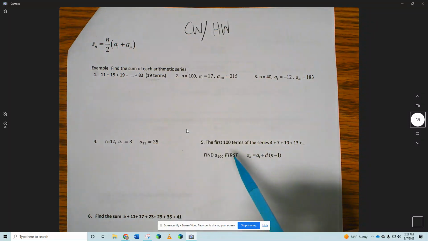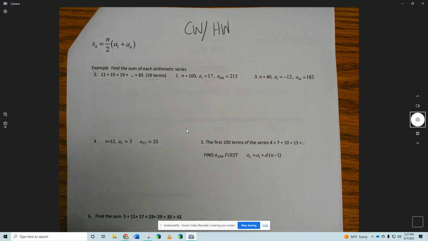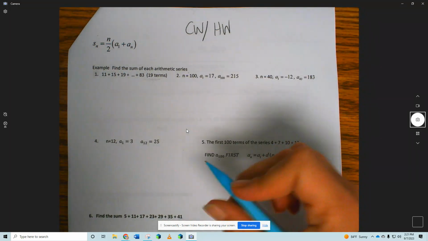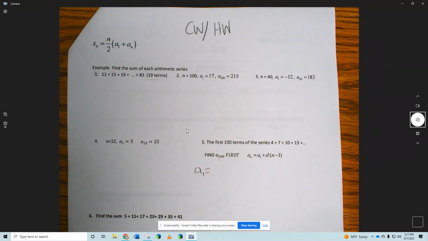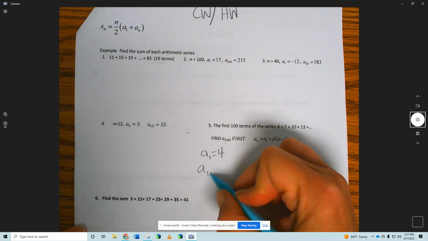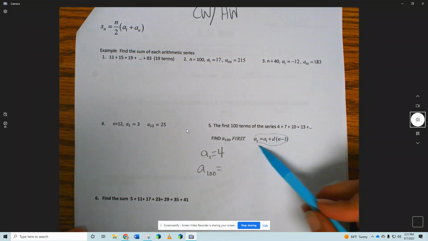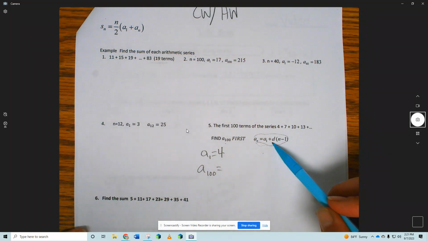Number 5's the most difficult one because you first need to find the a sub 100. So the first term is obviously 4. I'm starting number 5. The 100th term you have to find by plugging it into this formula, just like we did for homework last night in bell work.